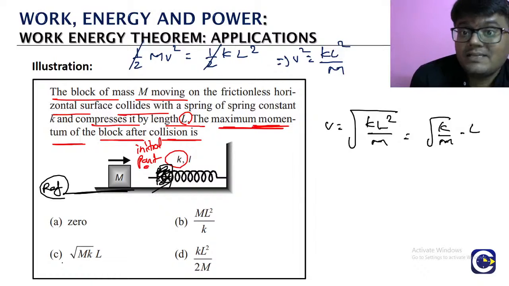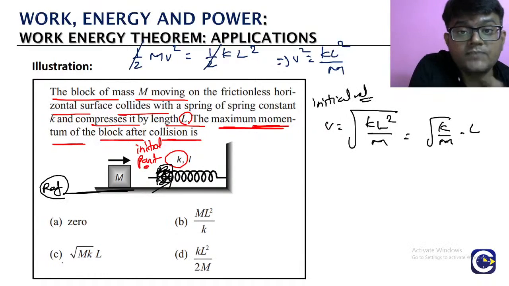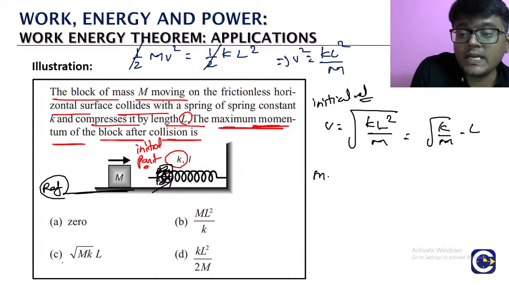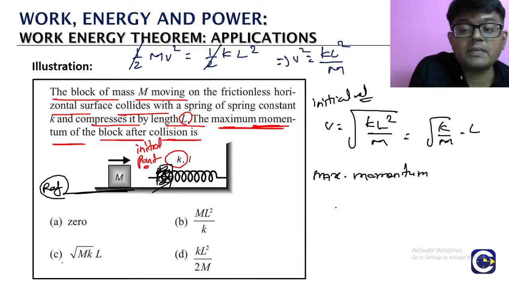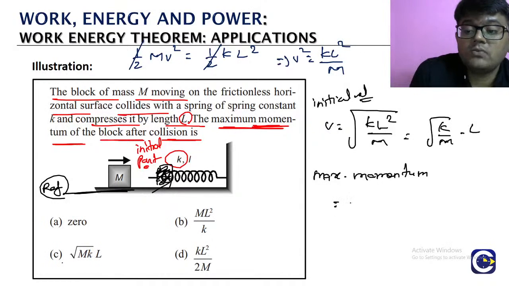But they are not asking us the velocity. They are asking us the maximum momentum. This is the initial velocity, the maximum value of the velocity for the block. The corresponding momentum there will be the maximum momentum. So what is the value going to be?